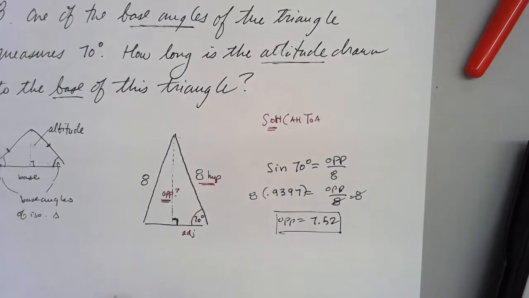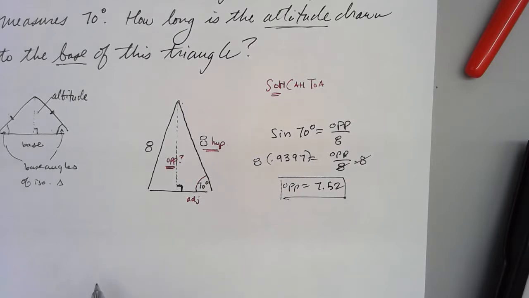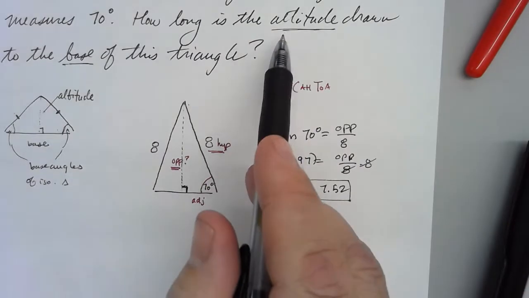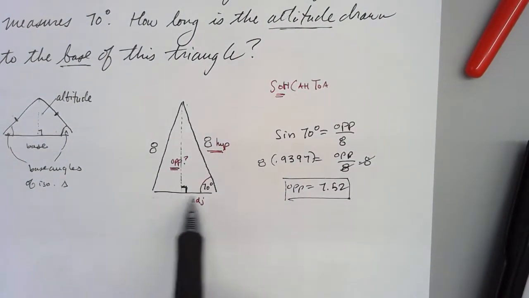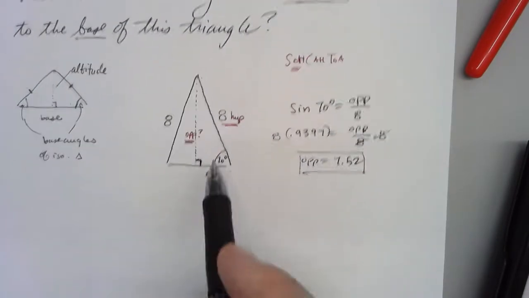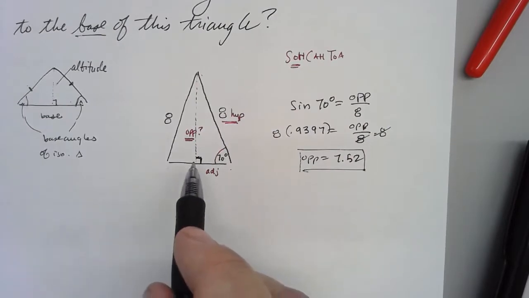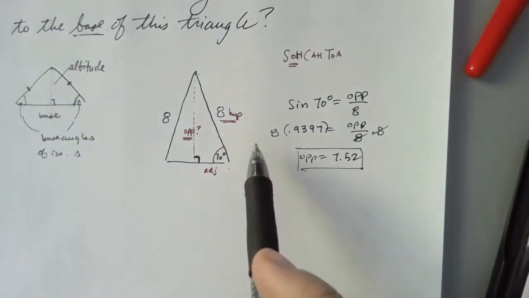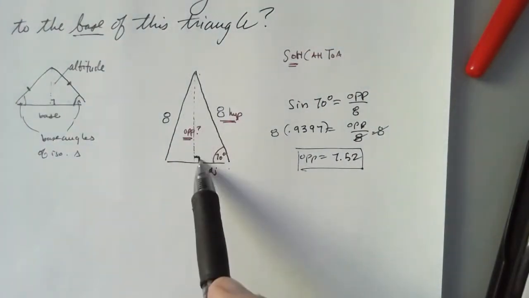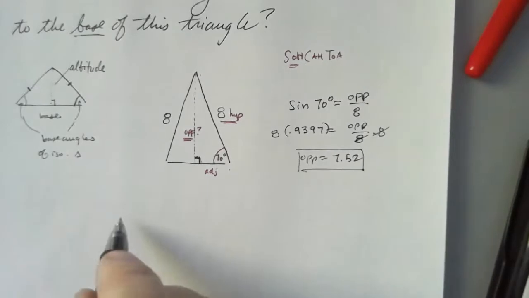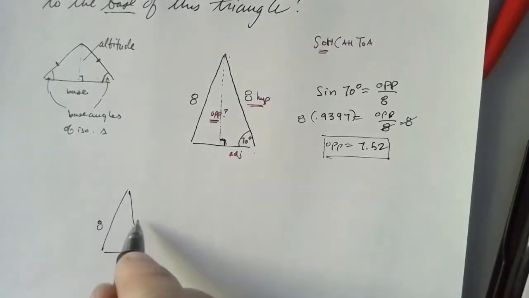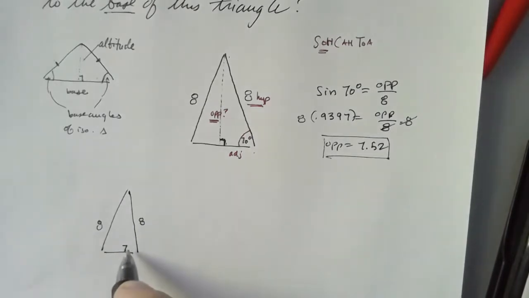So that completes this question. One note here is another question I may have asked. Instead of how long is the altitude, I could have said, how long is this base? That would have been more challenging because it wouldn't have been immediately obvious where the right triangle was. The altitude led me to drawing a right triangle, but if I had simply asked how long is the base, it might have been a little bit perplexing to have this information and go, okay, how do I figure this out?